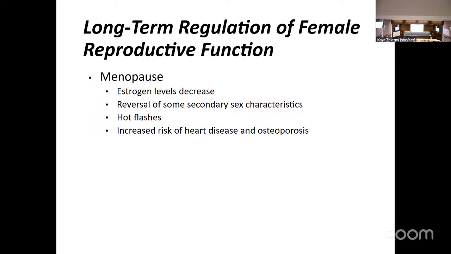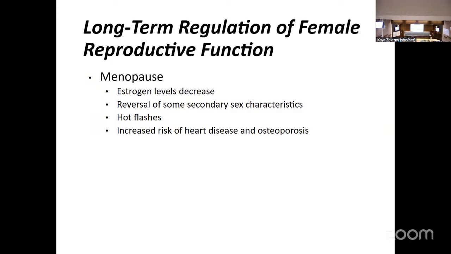We're going to see some weird temperature regulation stuff happening. So hot flashes, or brief flashes of literally feeling super hot. This is also a reaction to these changes in hormones, this loss of estrogen and this loss of hormonal cycling. And because of these changes to hormonal levels throughout the body, we're also going to see disease risks changing.